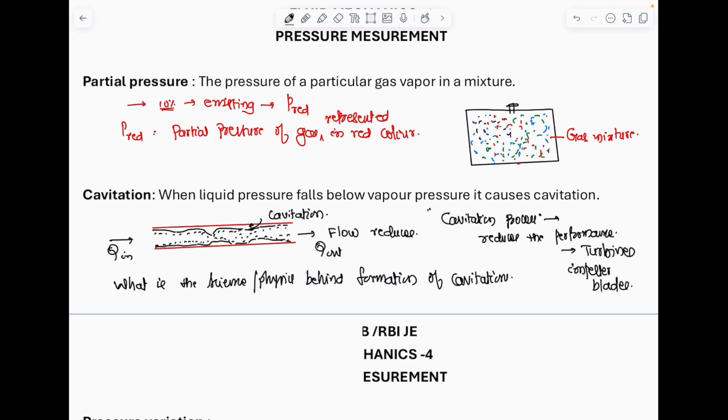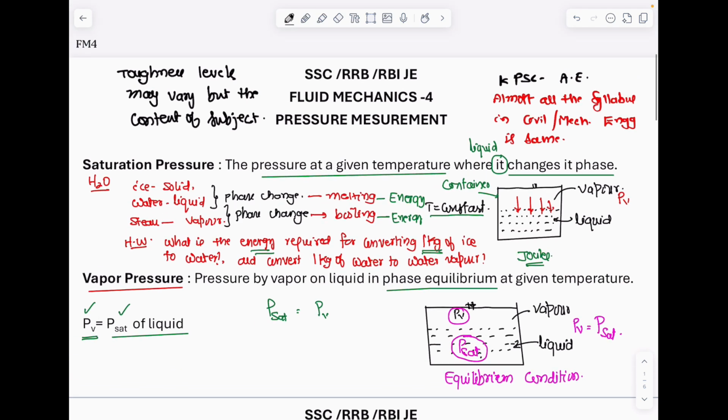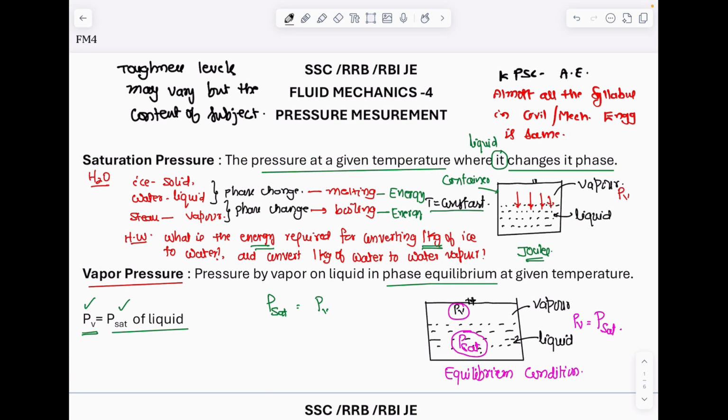When the liquid pressure falls below the vapor pressure, what happens? You please see this slide. Under equilibrium conditions, when everything is in equilibrium, no changes are taking place, flow is smooth, the vapor pressure is equal to the liquid pressure.